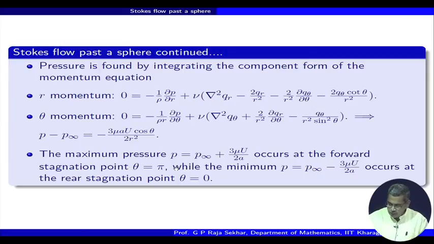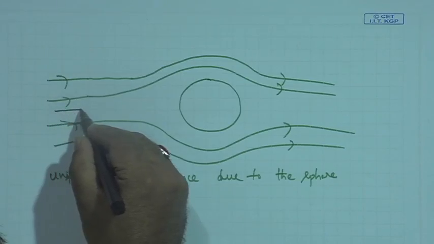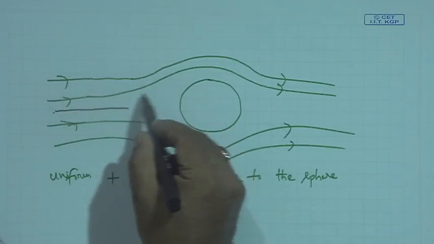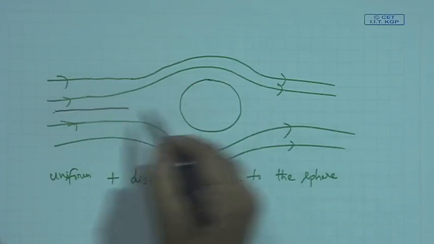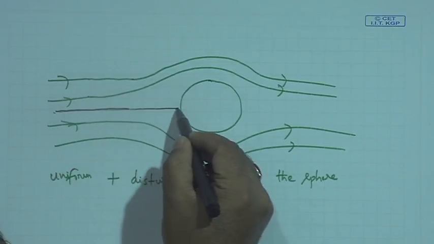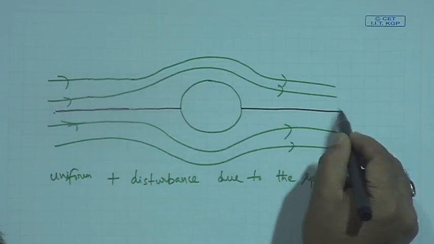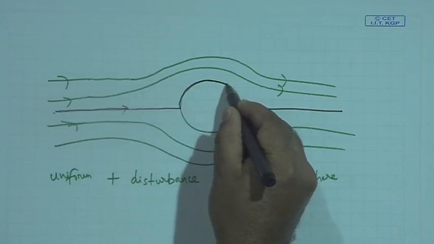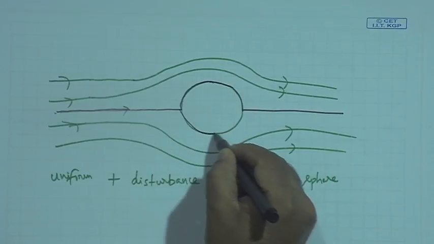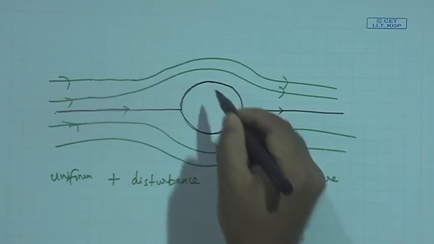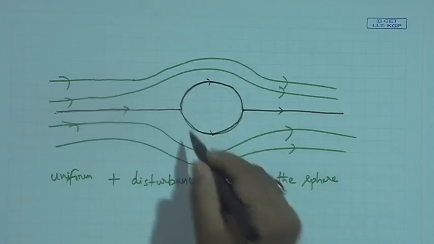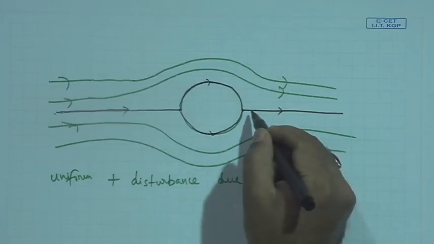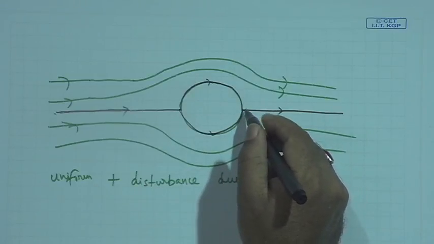So, what do you mean by these stagnation points? I mentioned this is a streamline, it will realize the presence of the particle and get deflected, but if you take this streamline, which will hit the particle due to the symmetry, this is called the dividing streamline. Okay. So, it divides. That means the surface itself is a streamline, but however, if one can measure the velocities they will be 0 here.